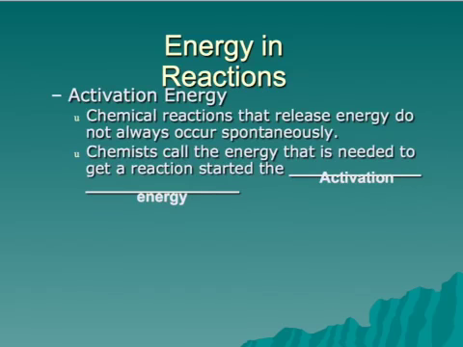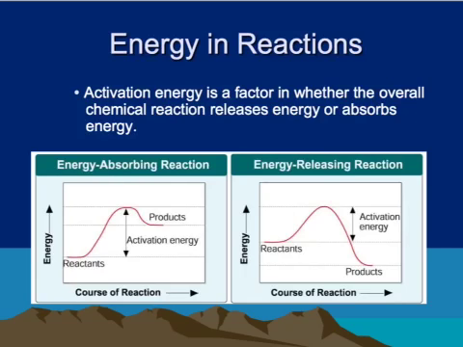Now, just a basic vocab word that you'll need to know is called activation energy. The simple definition of activation energy is the amount of energy you need to activate a chemical reaction. It's pretty simple. Now there are two types of chemical reactions when dealing with energy. This one right here, as you can see, is energy absorbing, where this chart here is what's called energy releasing.